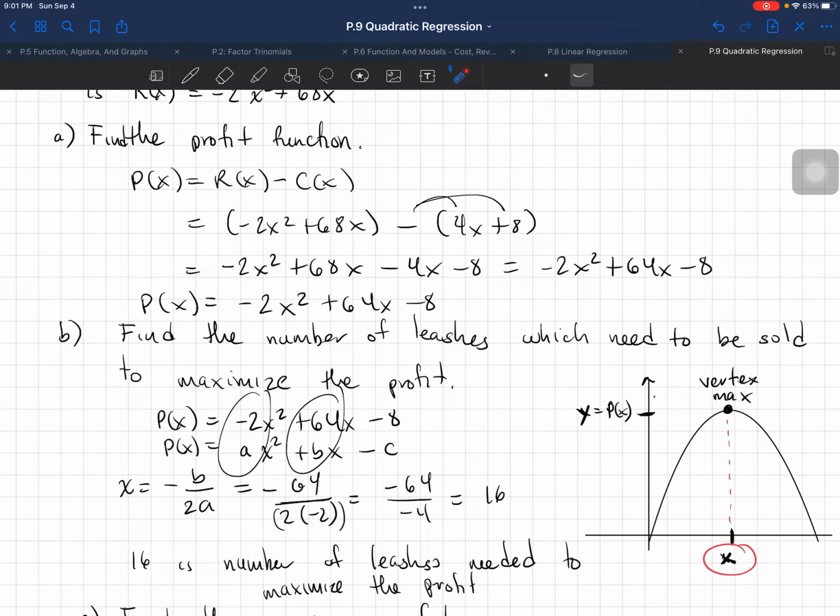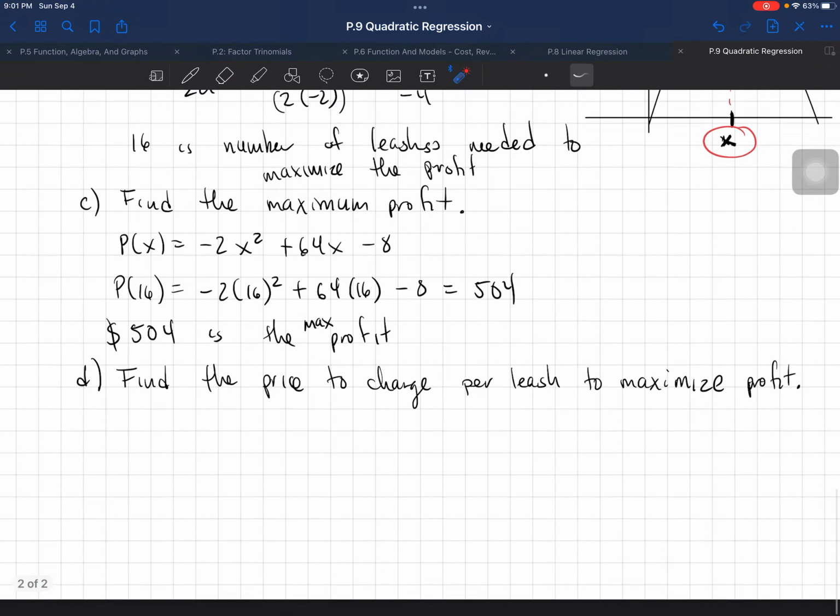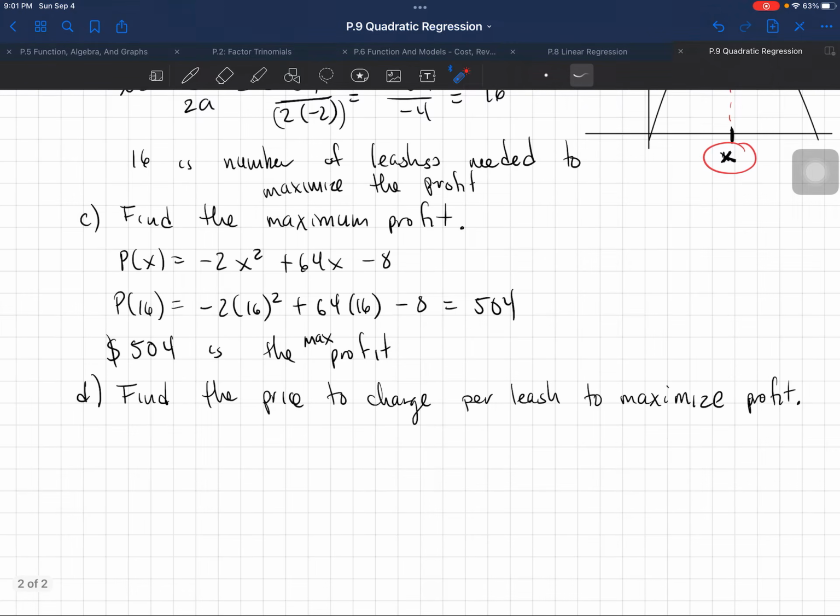Revenue tells you the total amount of money you get for selling this number of items. So what we need to do is find the revenue for 16 items. Let me try that.